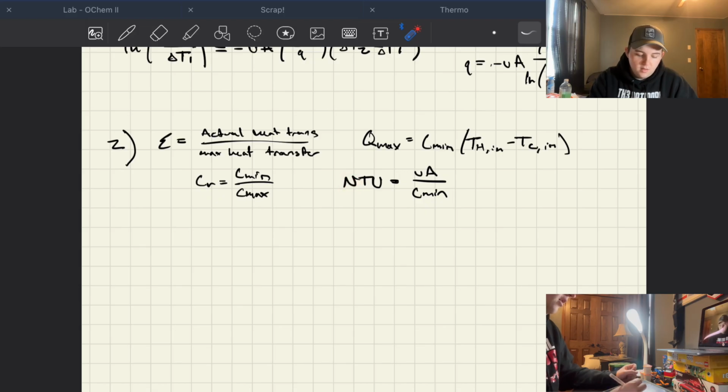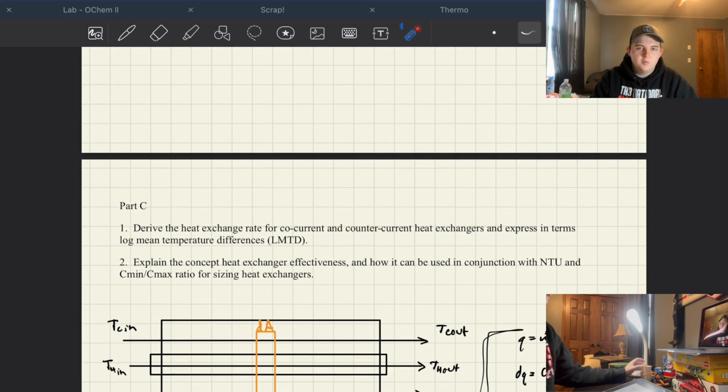So you can find NTU using Cmin, and you can also relate what we're looking at in the question with NTU using these 4 equations. If we know the NTU value of the heat exchanger, these equations can be used in conjunction to find unknown values, like the required area when temperature isn't known, and other useful things like that.